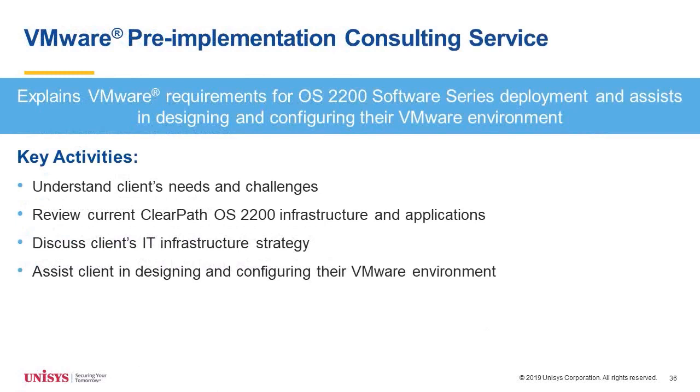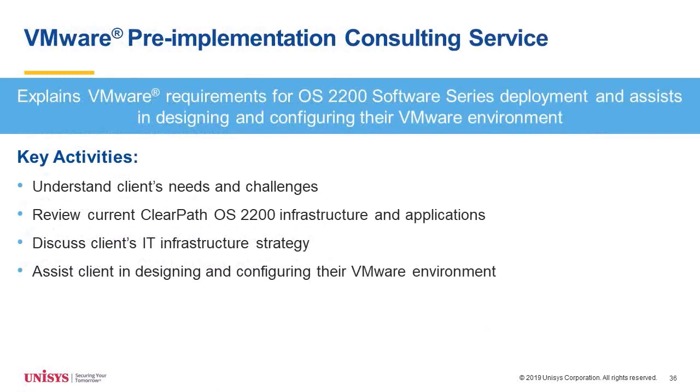As part of that, they will have developed a specific reference architecture governing such things as number of network connections per virtual machine, number of cores and amount of memory and storage per virtual machine, and many others, and will have established policies based on those reference architectures with respect to VMware vSphere products, such as Bob referred to earlier, DRS, SRM, HA, vMotion, storage vMotion, all of which, as Bob said, the OS 2200 engineering team has validated to work in a generic sense, but which may encounter speed bumps if the Unisys software series reference architecture and the client's internal reference architecture don't precisely align at each and every point.